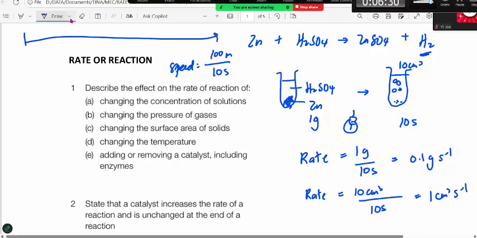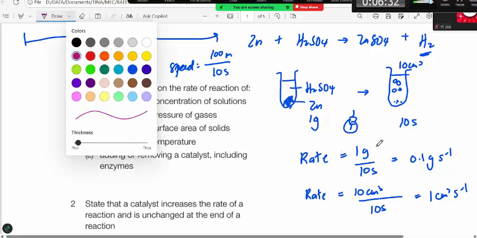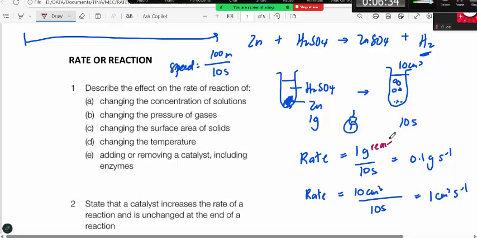The first way is how much reactant is used up over time. The second one is how much product is produced over time. Can you understand? Okay.